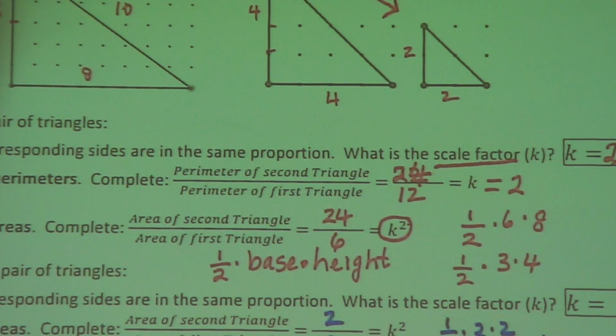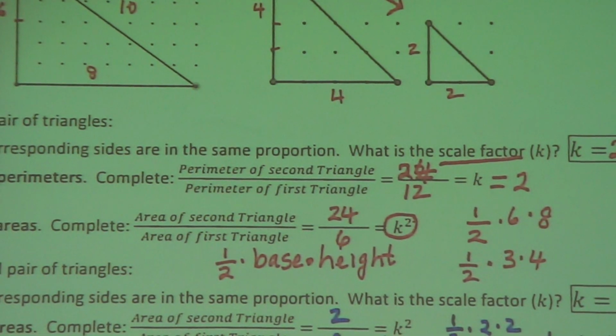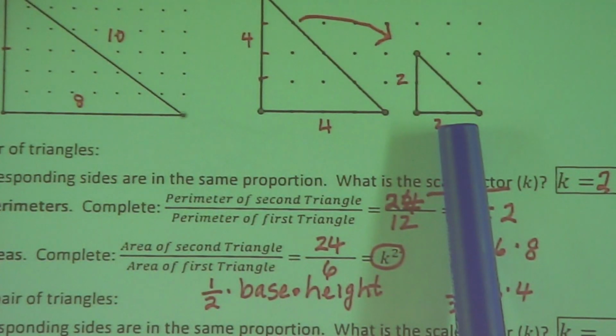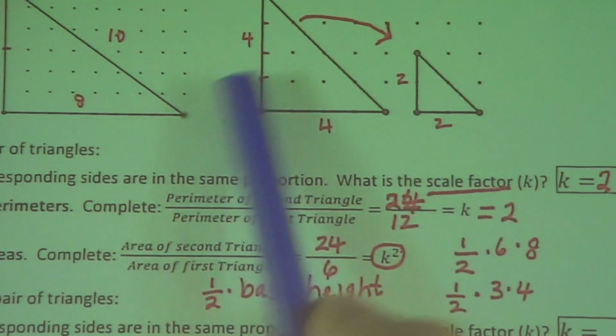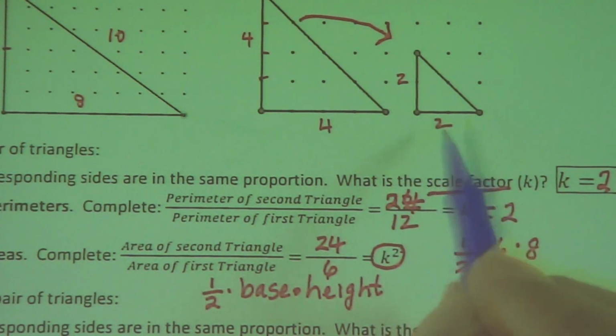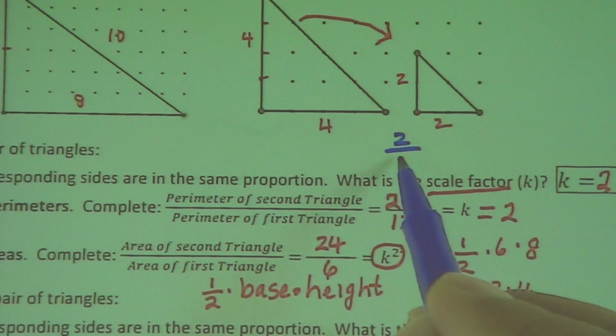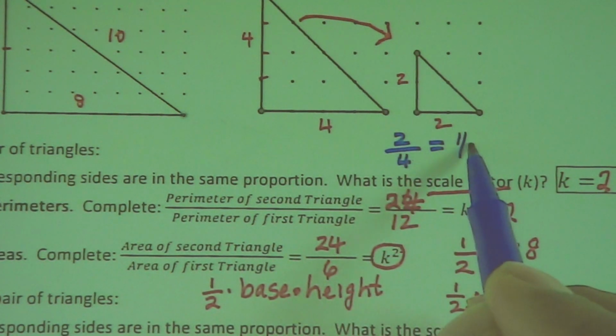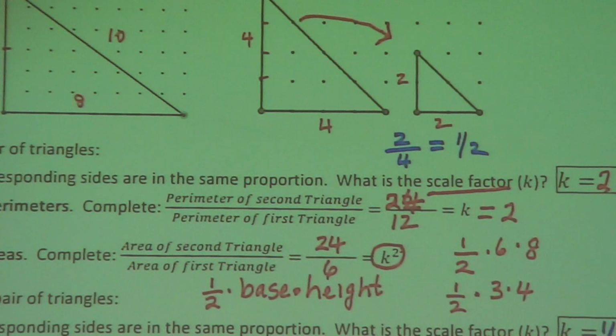So I get a quarter. For the second pair of triangles, I'm scaling down. So if I take this side divided by that side, I get 1/2. So my scale factor is 1/2.